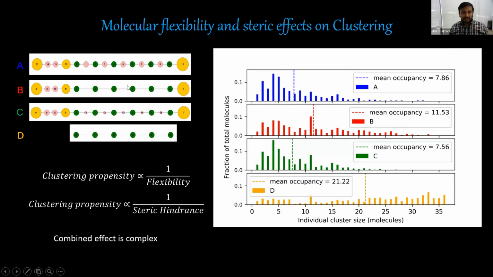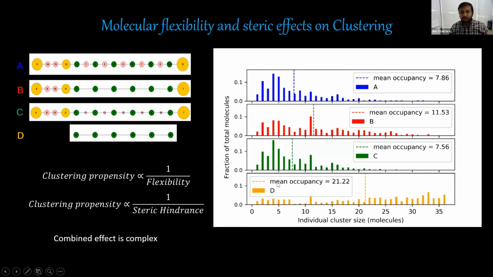That means the less flexible molecules have more tendency to cluster, which makes sense if you think in terms of entropic effects and so on. But A and C have almost similar clustering behavior, suggesting that flexibility is the key player here. Since A and C have almost similar flexibility, their clustering propensity is also similar.